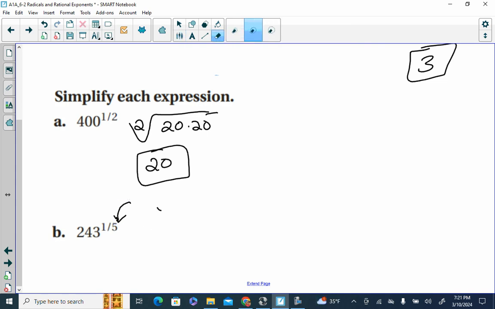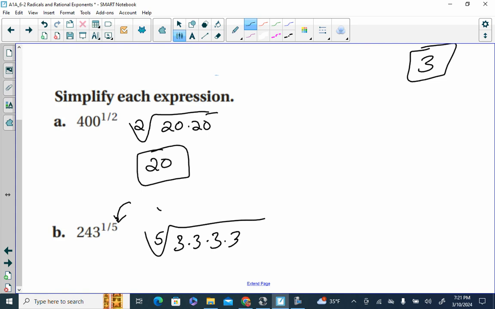We would write it as the fifth root of 3 times 3 times 3 times 3 times 3. If I use 3 as a factor 5 times, I get the product of 243. 3 times 3 is 9, times 3 is 27, times 3 is 81, 81 times 3 is 243. So the fifth root of 243 is going to be 3.